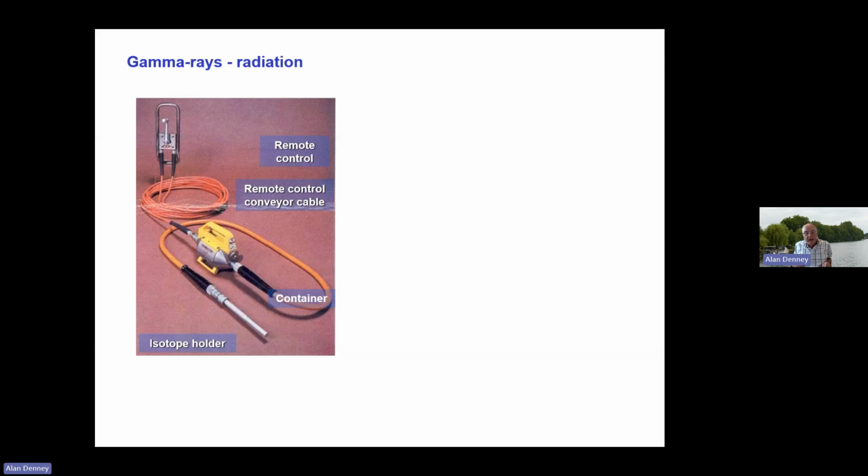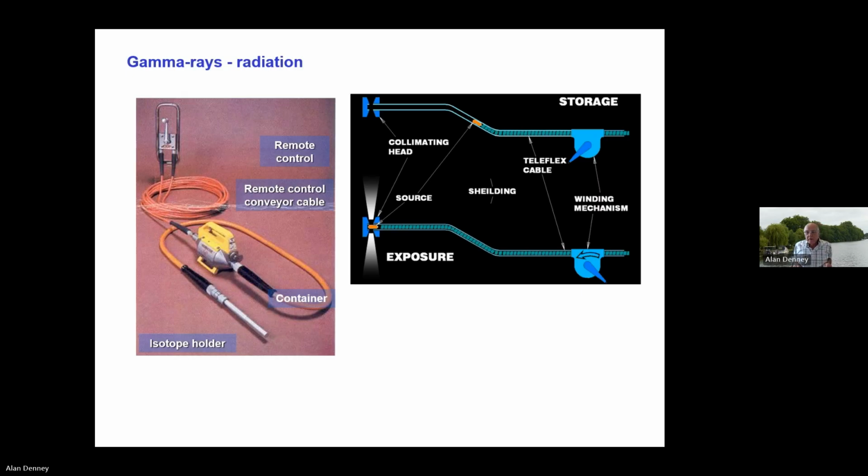So you have to wind it out from the container, and that's why you've got that cable with the handle. So basically you wind the source, which is very tiny, out from its lead-lined storage container to the point at the tip of the isotope holder, which is the inspection head. You do your exposure, and then you wind it back in again, safely into its container.